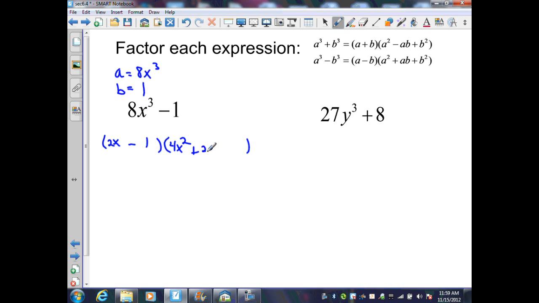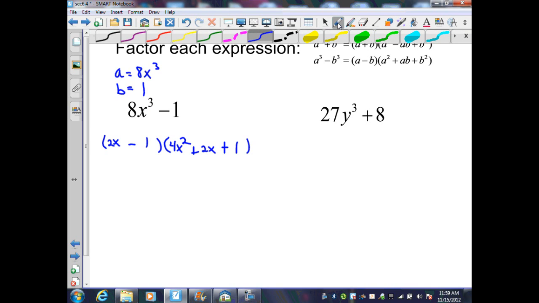That will give me 2x times 1 is 2x, plus B squared, which would be 1. Now, if I would distribute back through and simplify, I would end up with my original expression, which would be 8x cubed minus 1.